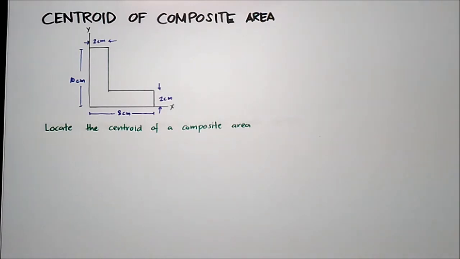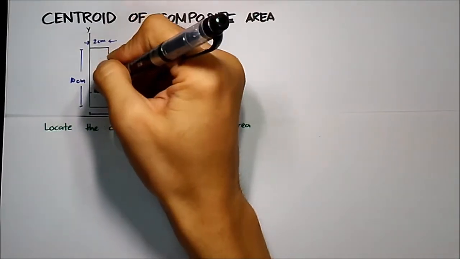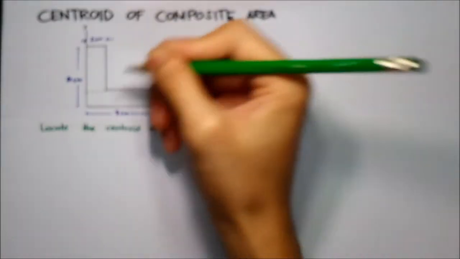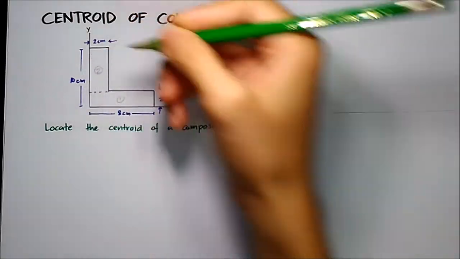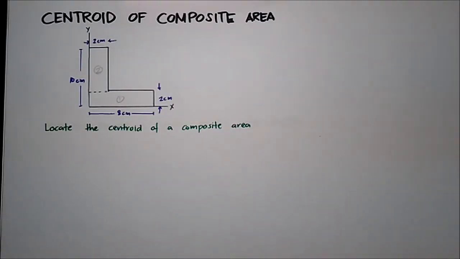Let us locate the centroid of a composite area. The given angle section can be considered to be made up of two rectangles, both of dimension 8 cm by 2 cm. Let us consider the bottom fiber as area 1 and the upper fiber as area 2. Let us make a table.